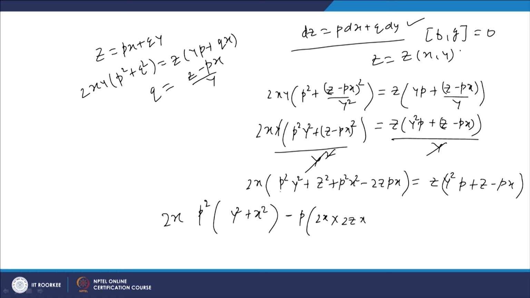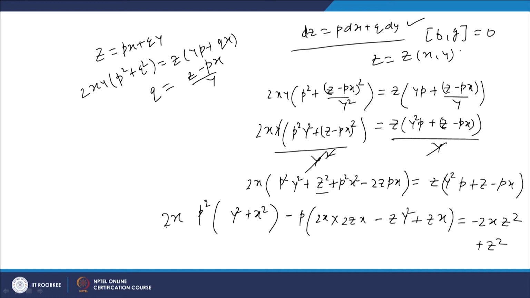And here the coefficient is minus z y square plus z x. Yeah, and the remaining is just a constant value, which we can write as minus 2 x z square, and here plus z square.